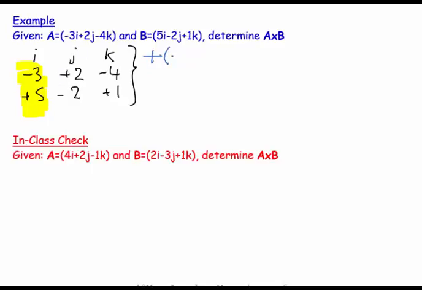So it's going to be plus 2 times plus 1, minus 4 times minus 2. And that would give me my I coefficient. Okay. So then I just double check. Plus 2, and then yes, negative sign starts with a plus. Yes. And then let's get rid of that guy.